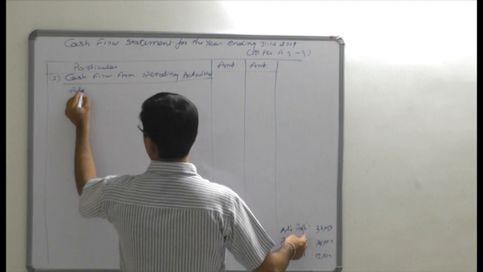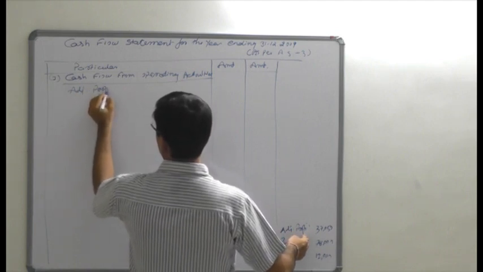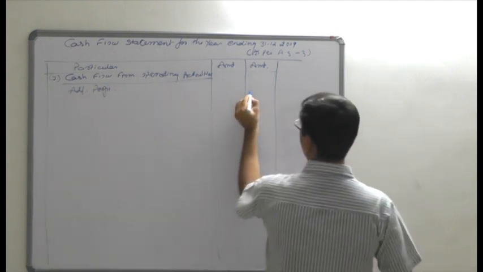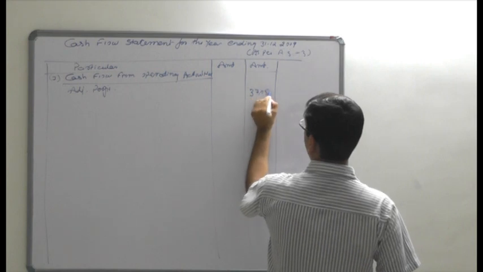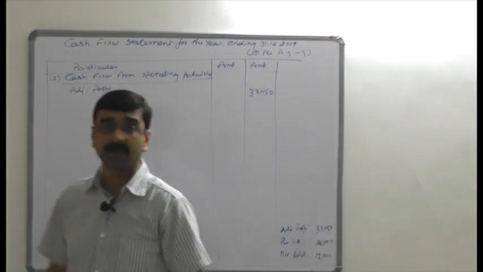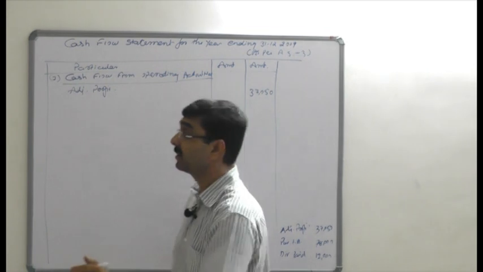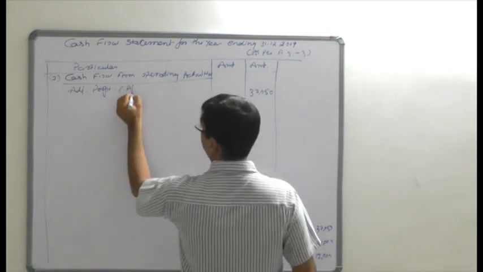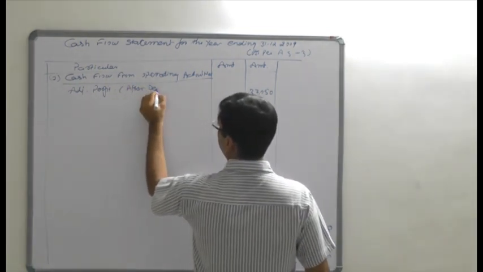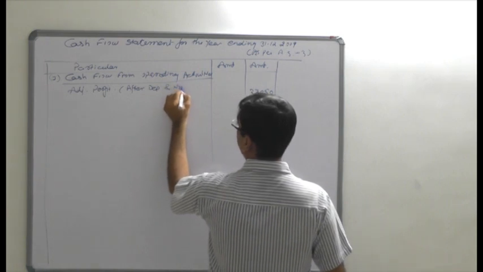So adjusted profit is 37,050. Adjusted profit from the adjusted P&L account is 37,050, which is after depreciation and non-cash items.